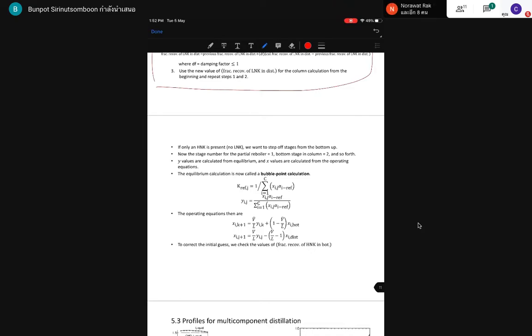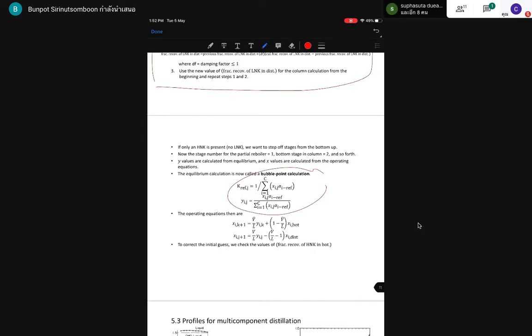This one will use the bubble point calculation, but the concept is still quite similar.